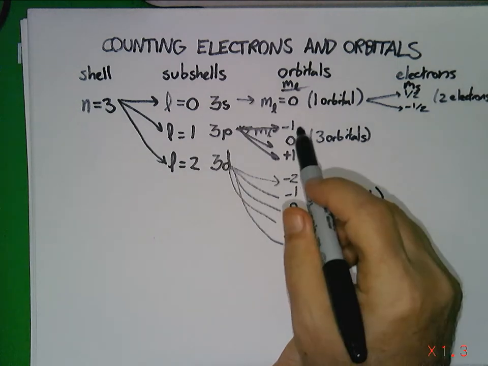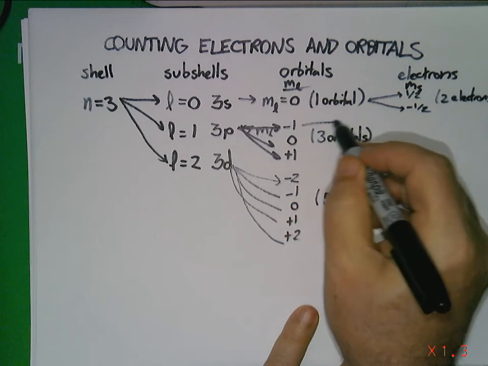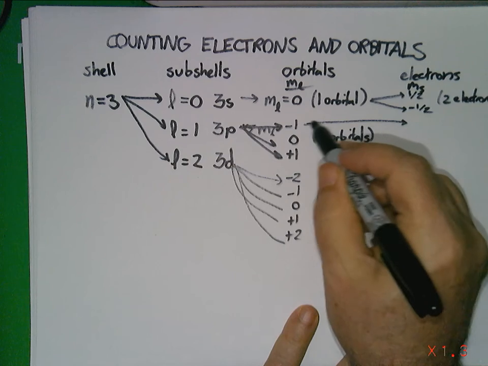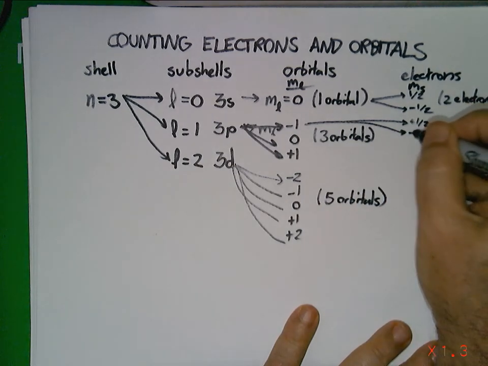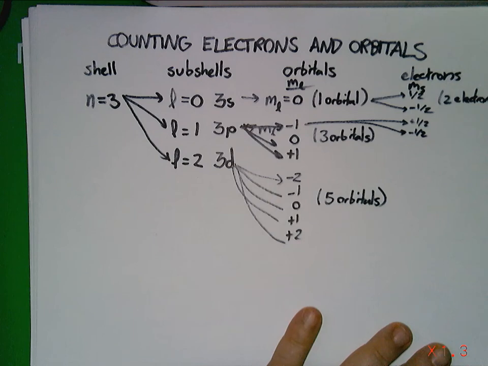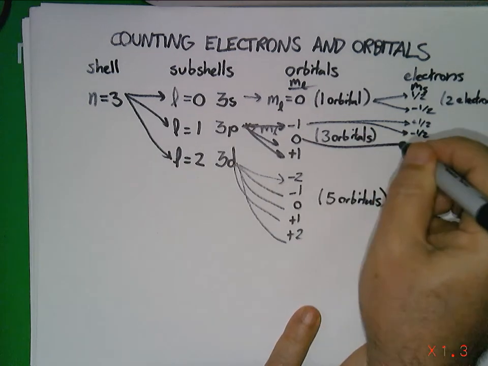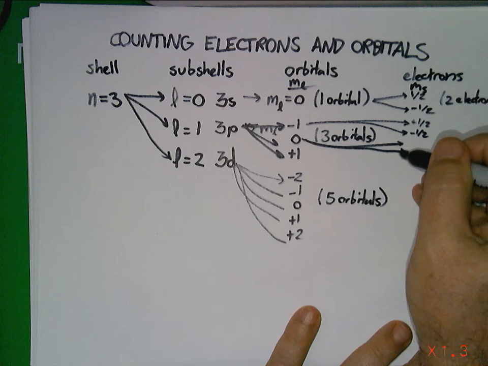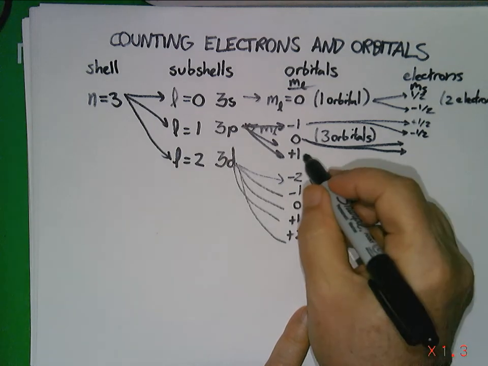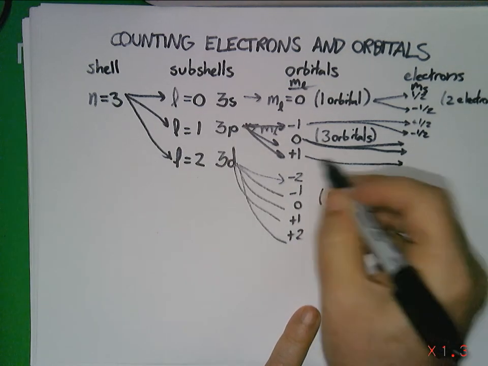Now, every orbital can fit 2 electrons, plus 1/2 and minus 1/2. And it's going to get kind of tedious for me to keep writing in the plus 1/2 and the minus 1/2, so I'm going to just write 2 leaves on the end of every branch here.